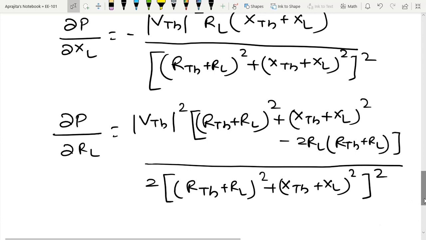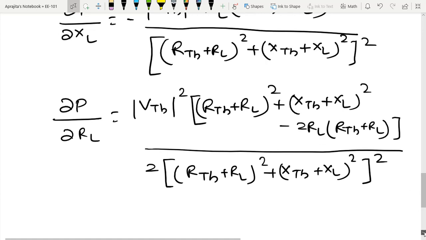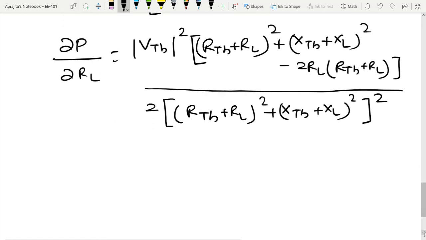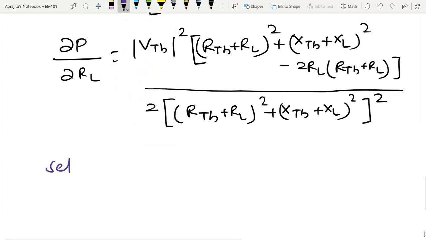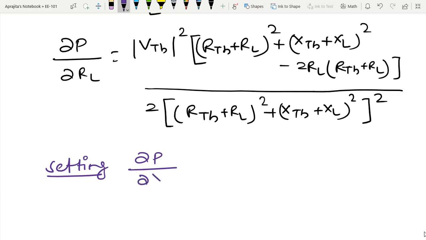Now I am going to put the following. Setting dou P by dou XL to 0 gives one expression, and that is XL equal to minus XTH.